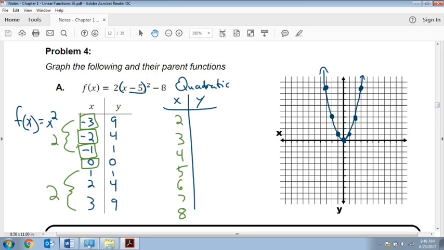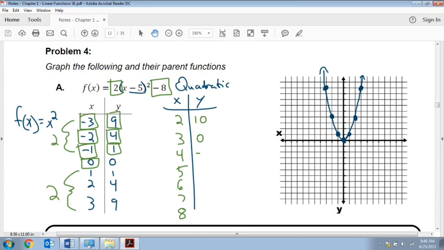Follow your order of operations and everything. So we are multiplying by 2, because remember that 2 is multiplying everything in there. And we are going to subtract 8. So, 9 times 2 is 18. Minus 8 is 10. 4 times 2 is 8. Minus 8 is 0. 1 times 2 is 2.